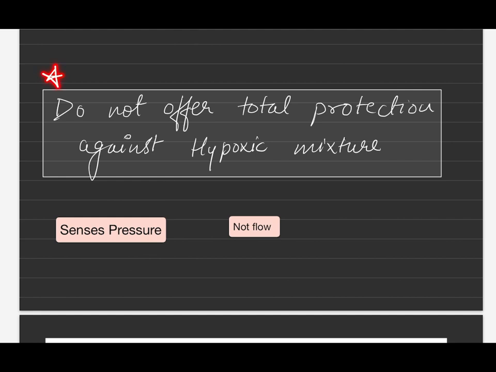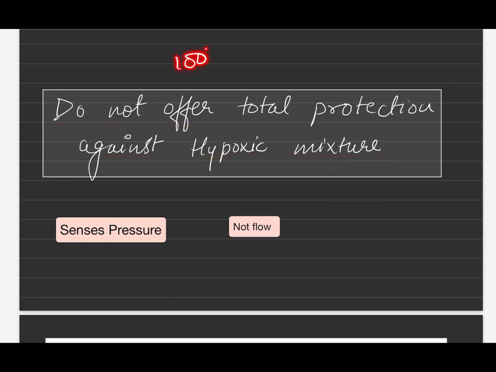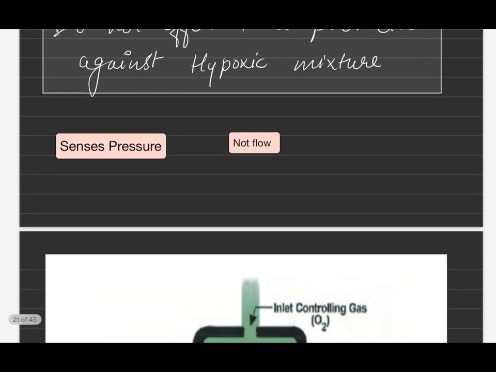It is not a 100% fail-safe device. We have to just keep this in mind. We have to check this, but we have to remember that there can be errors as well. So, it senses pressure, not flows.